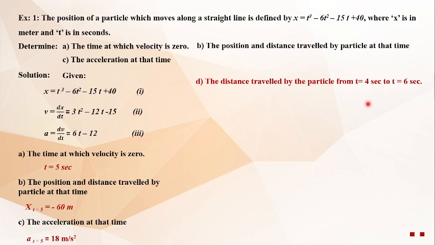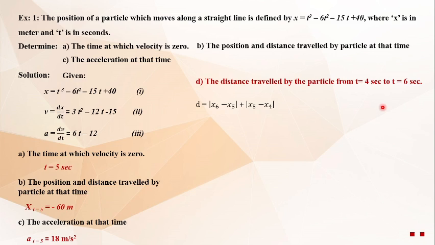So we have to find the displacement at t equal to 4, t equal to 5 and t equal to 6, and substitute them to find the total distance traveled by that particle between t equal to 4 and 6 seconds, using this equation: the mod of x6 minus x5, plus the mod of x5 minus x4, that is, 4 to 5 and 5 to 6.